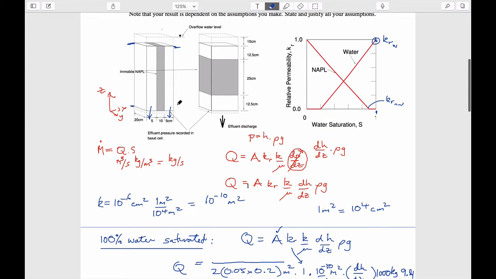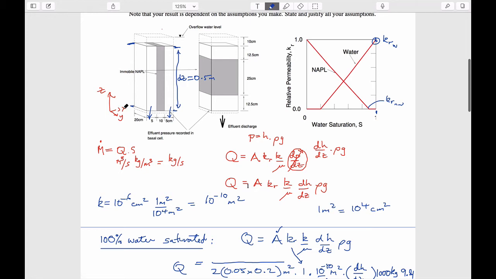And so if I draw it off to the right-hand side, it's a bit easier. This is the length of flow. So this is dz, if you like, which is conveniently 0.5 meters. But what's the magnitude between the heads at the bottom and the top?